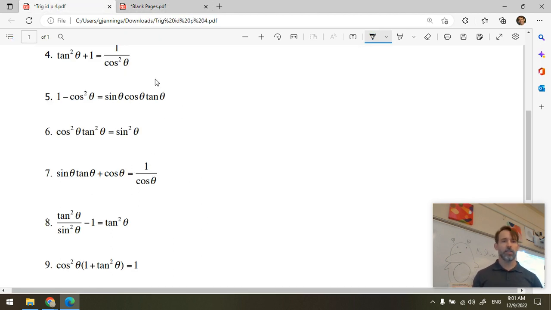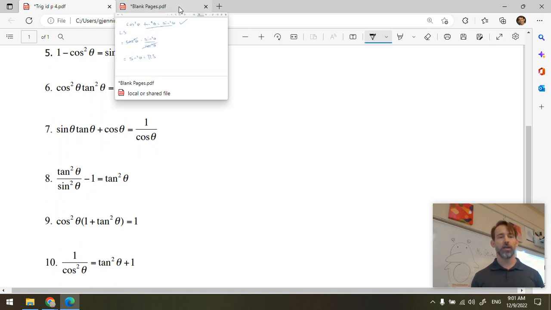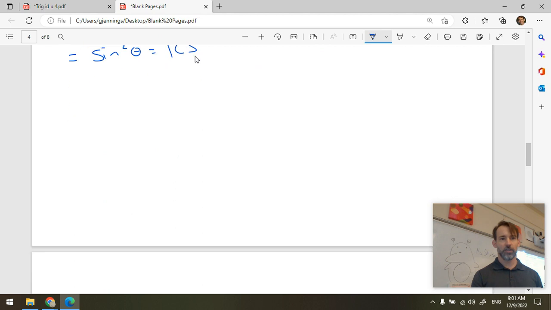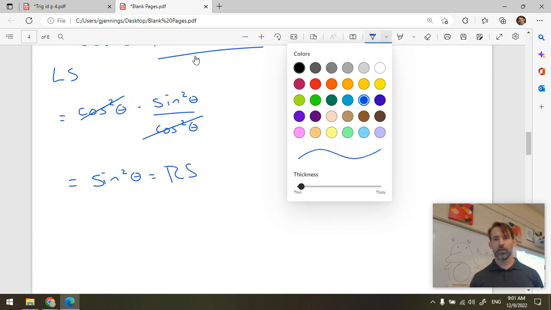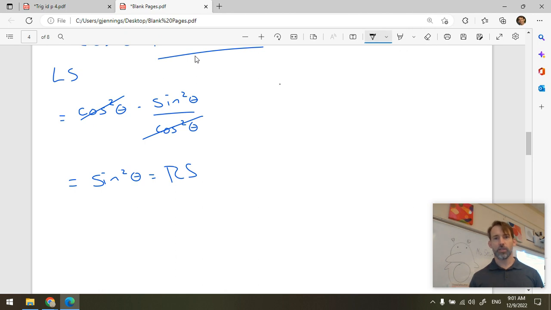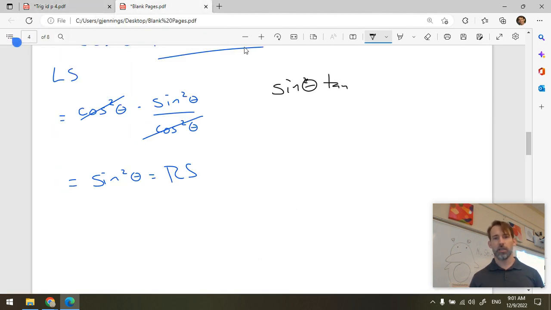Okay, sine squared theta, tan squared theta plus cosine is equal to 1 over cosine. Oh, cool. Let's see. Oh, yeah, I can see it. All right, so let's go. Let's work over here in another color. Sine theta, tan theta plus cos theta equals 1 over cosine, right?